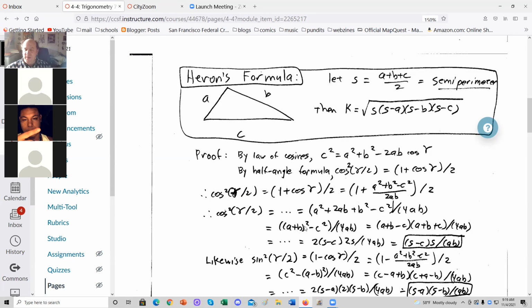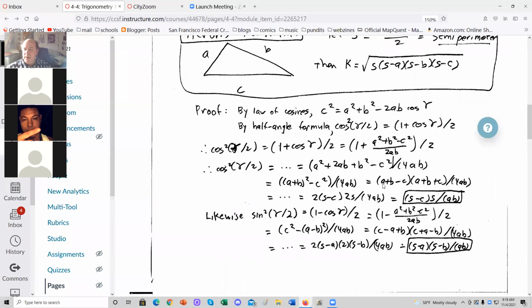Since this is a difference of squares, it equals the difference times the sum: (a plus b minus c) times (a plus b plus c) over 4ab. And then this, after some mildly tedious algebra, becomes 2 times (s minus c) for this, and 2 times, obviously, this is twice s, and that reduces to (s minus c) times s over ab.